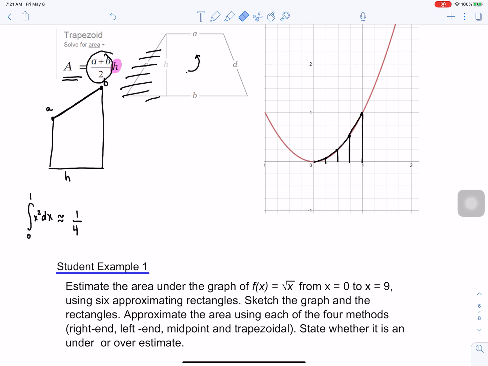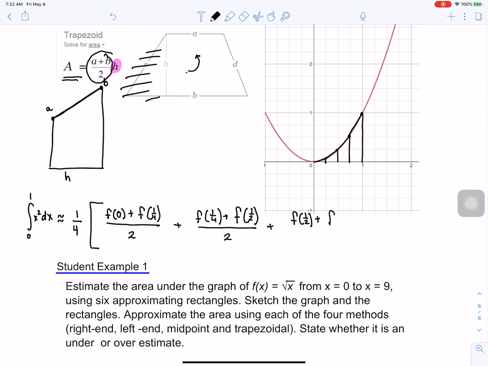I'm going to do the function value at the left plus the function value at the right, divide by 2, that will form my first trapezoid, plus the function value at 1/4 plus the function value at 1/2, divide by 2, plus the function value at 1/2 and 3/4, that will form the third trapezoid, plus the function value at 3/4 plus the function value at the last one, over 2.